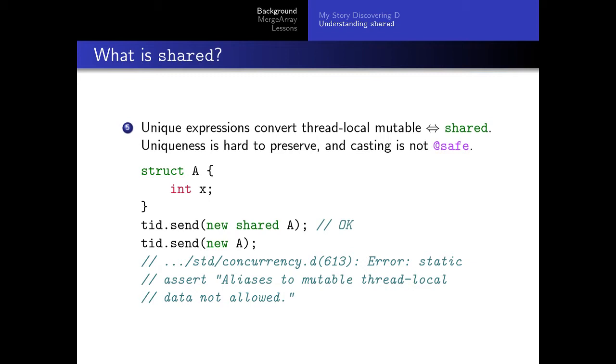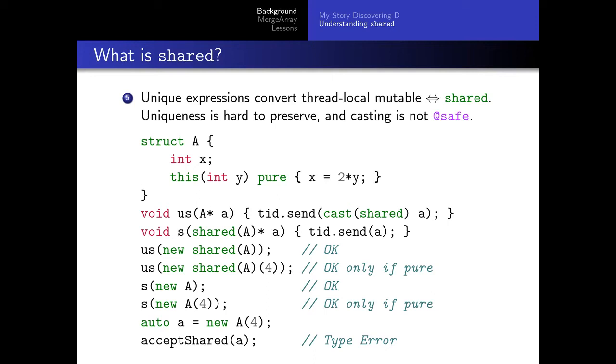If you ever assign something to a variable, it's not going to be unique anymore. Here are examples in std.concurrency. The send function doesn't know that things are unique when you pass it in. It just sees whether it's shared or not, and it will complain when it's not shared, even though it's a unique thing that is castable.